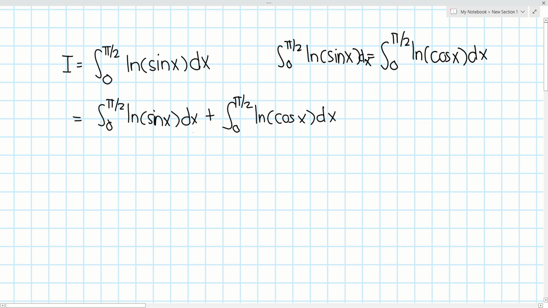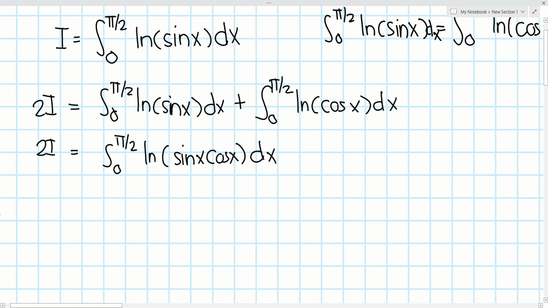Since they're equal, we just put 2I here, so it's equal to 2I. Then via the property of natural logarithms, combining the two, we get the integral from 0 to pi over 2 of ln of sine x cos x dx.